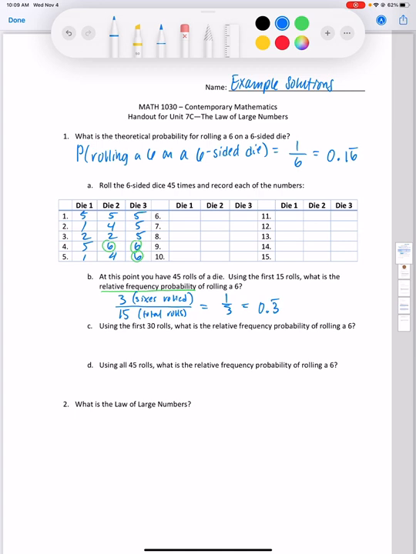Okay, we're going to continue on and do 15 more rolls, so 5 rolls of 3, and we're going to record them in red. Okay, so we have 4, 4, 3. We have 4, 3, 3.